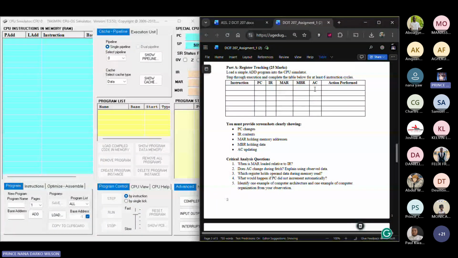So a little something to add to you. The central processing unit has an arithmetic logic unit, and the arithmetic logic unit is what the accumulator mirrors, a part of it, basically. When we are using the CPU OS, the accumulator's job is done by the registers themselves.